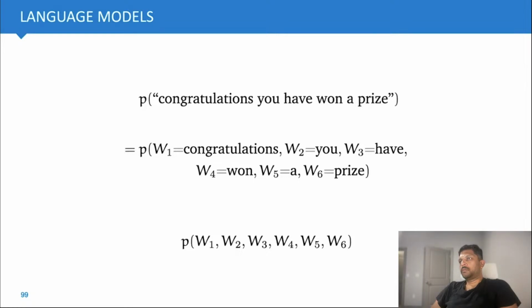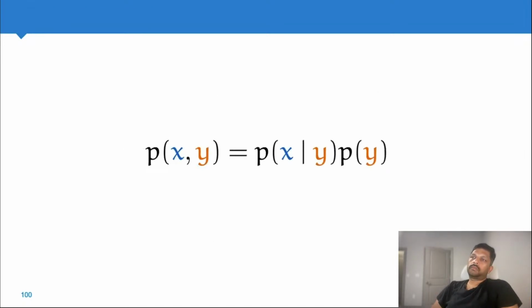So what we need to do is break this probability value at the bottom up into multiple component parts based on conditional probability, which we can then estimate. And to do this, we will use this property of probability, which is simply if you take the definition of conditional probability, you can rearrange it to get this. So the joint probability of x and y is equal to the probability of x conditioned on y times the probability of y.